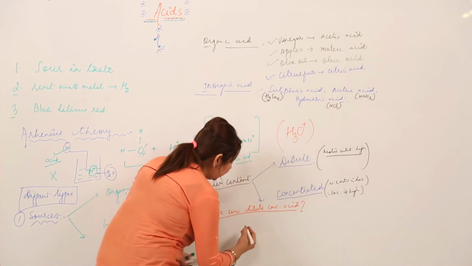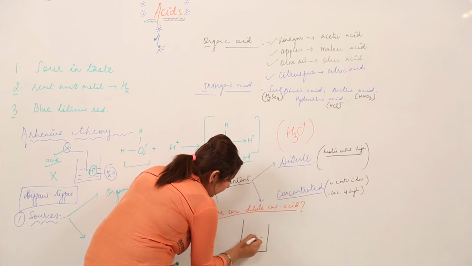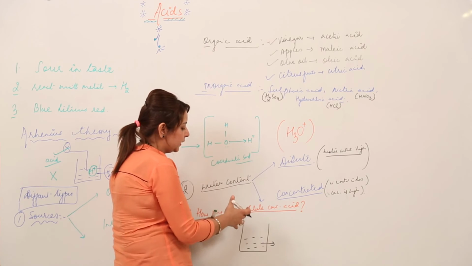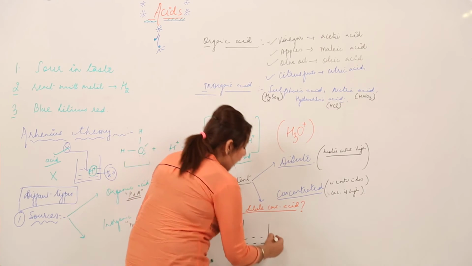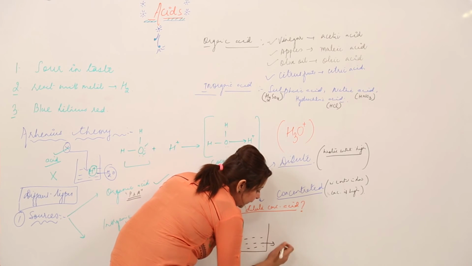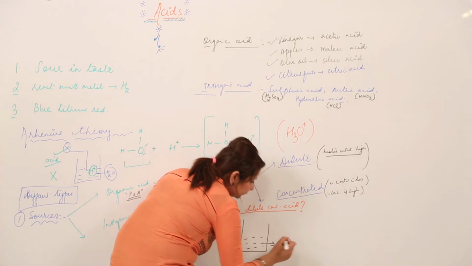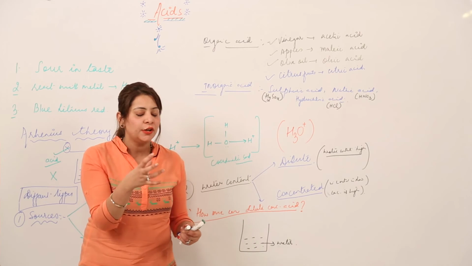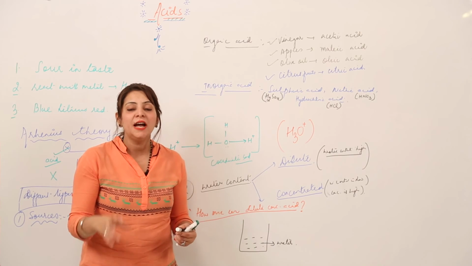I am taking a beaker, and in the beaker I don't have the concentrated acid, I have the water. So I am not taking the concentrated acid in the beaker, I am taking the water.